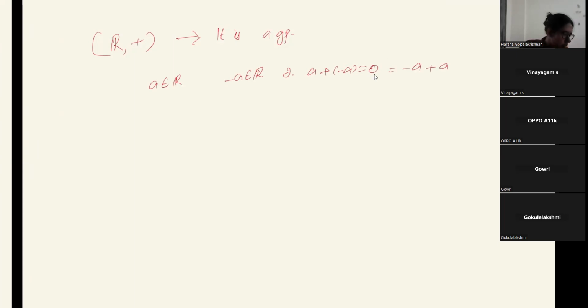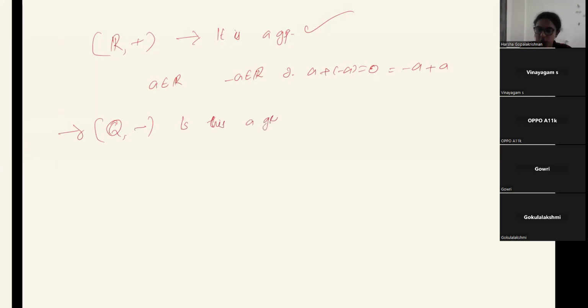Now the third option is Q minus. What is Q? Q is the set of all rationals, under the operation subtraction. Is this a group? No, correct.